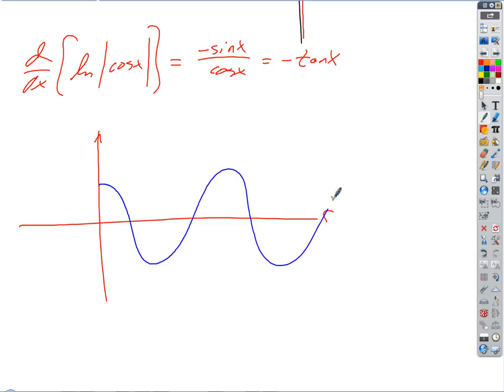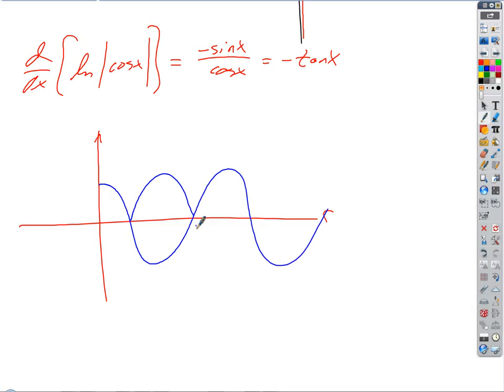Does that make sense? And so the derivative of this is going to be defined as the slope of the log of this function, right? If I take the absolute value, that's just going to bounce it off the x-axis, right? See what I'm saying?